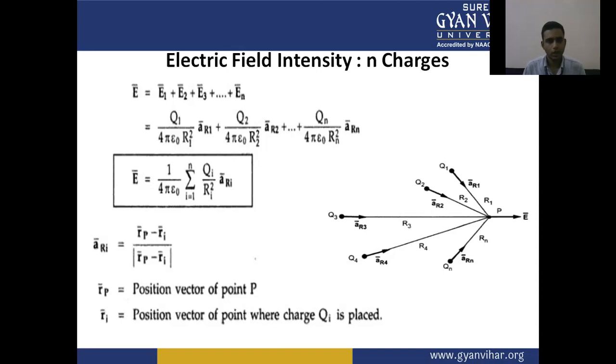So ARi equals RP minus Ri over the magnitude of RP minus Ri. RP is the position vector of the point P and Ri is the position vector of the point where charge Qi is placed.